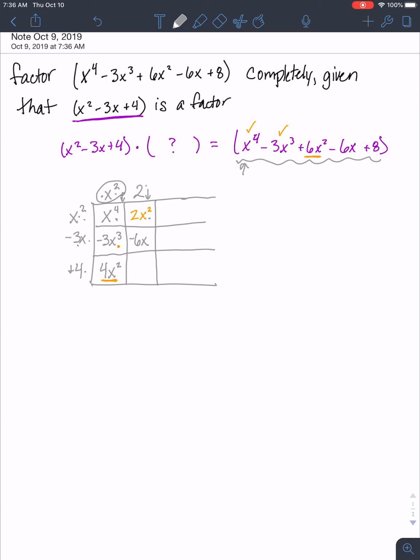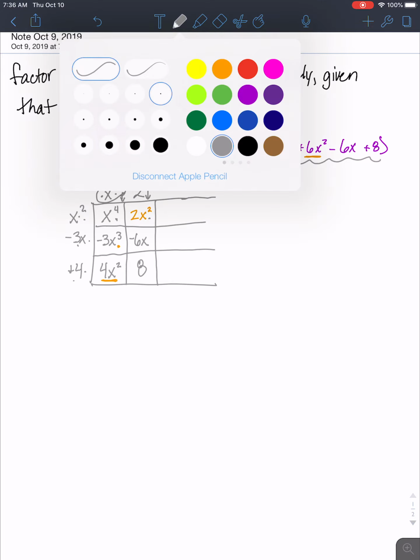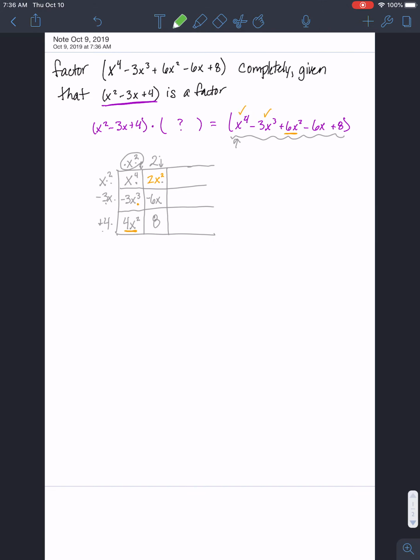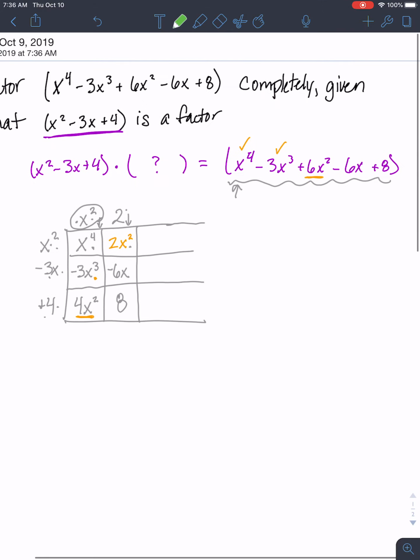And then this 2 times this 4 gets me positive 8. So now I'm going to go through again with a new color and do another double check. Now I have my 2x squared plus my 4x squared, which gets me 6x squared. The next thing I need is negative 6x, which I've got. Awesome. And then I need positive 8, and I've got a positive 8.